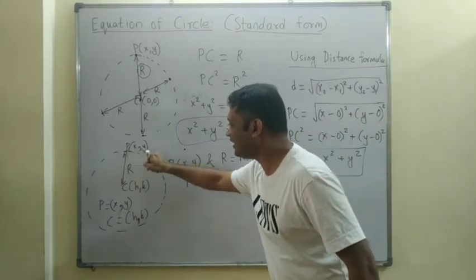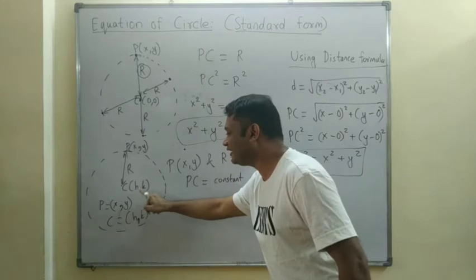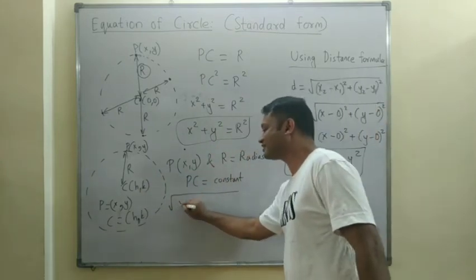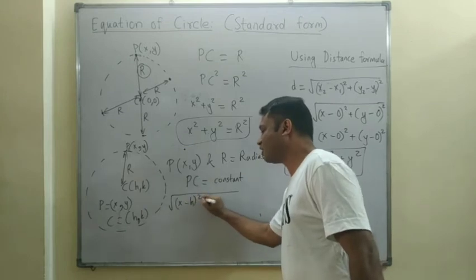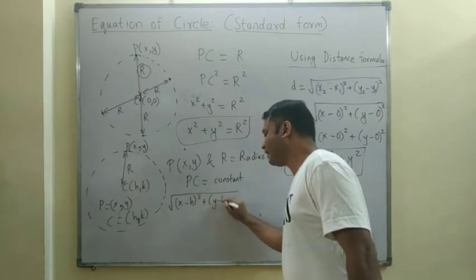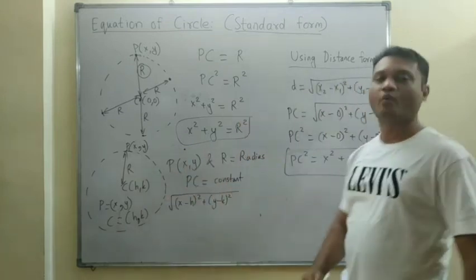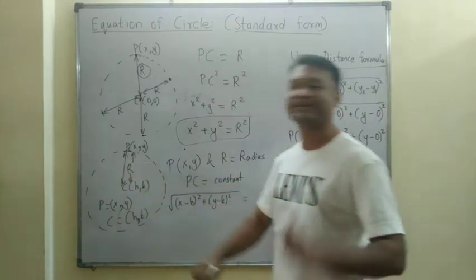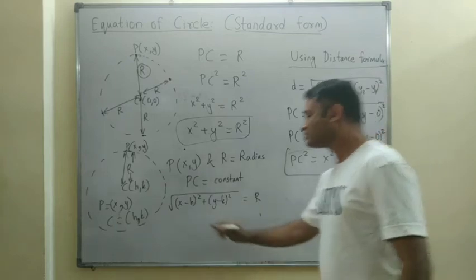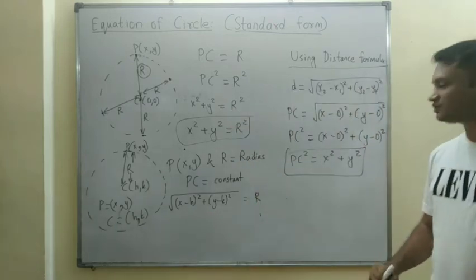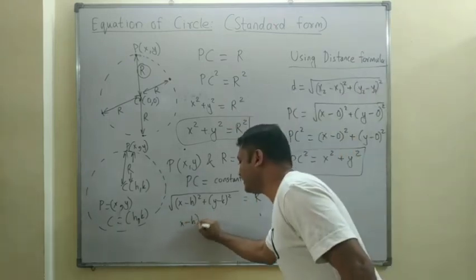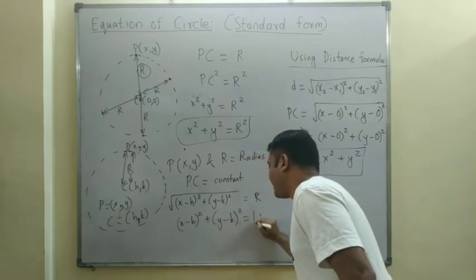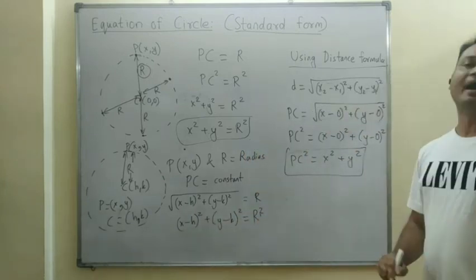But what is PC distance in this case? P has coordinates x, y, C has coordinates h, k. So by distance formula, PC distance is the square root of (x minus h) the whole square plus (y minus k) the whole square. This is equal to a constant. This constant distance is the radius of circle r. So on squaring both sides, we will get (x minus h) the whole square plus (y minus k) the whole square is equal to r square.